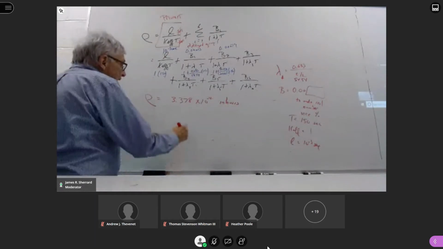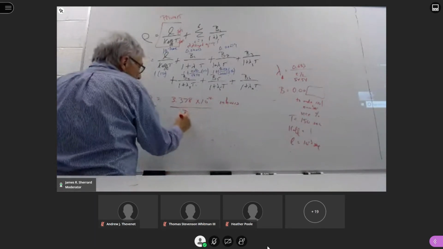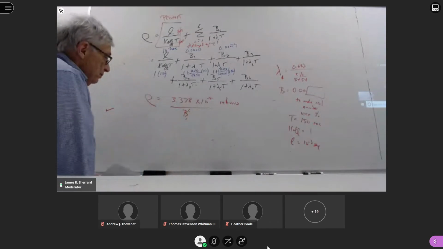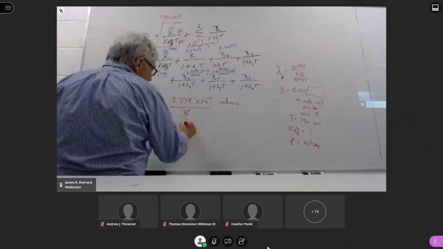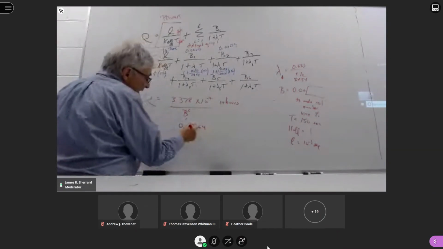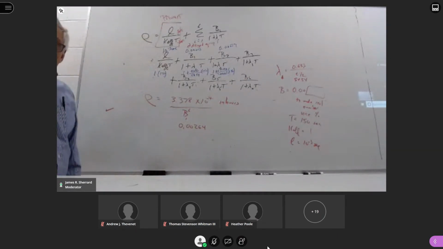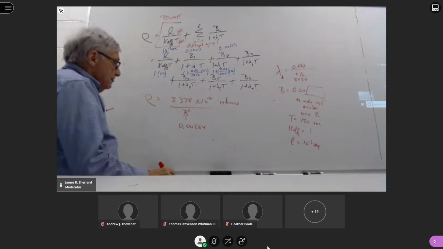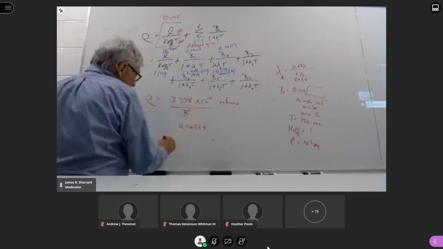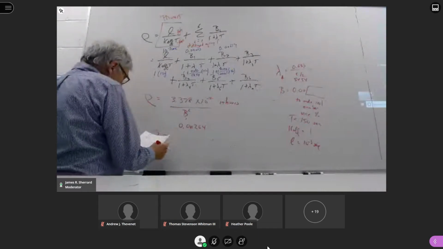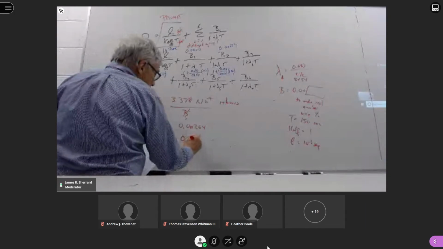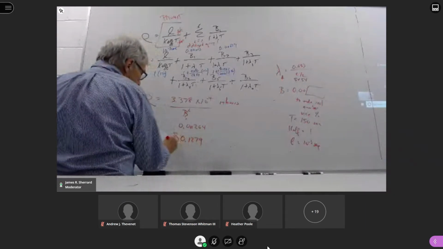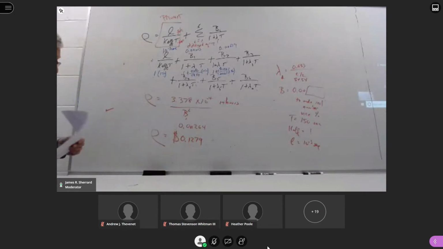If I divide this value by my beta 1 to 6 value, which was 0.00264, again, I had to add the two zeros to take it from a percentage to a real number. So if I divided this by this, my reactivity was 0.1279 dollars.